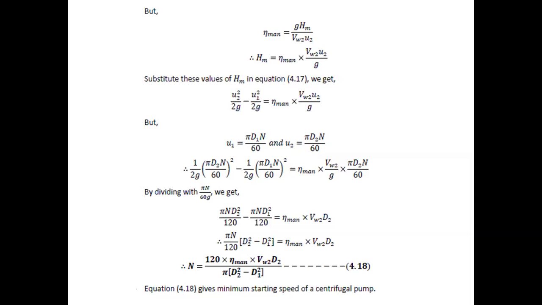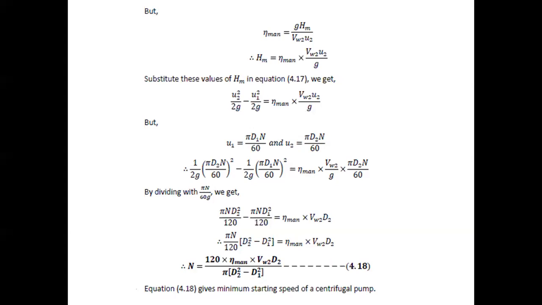U1 equals pi d1 N by 60 and U2 equals pi d2 N by 60. After rearranging and putting the values of U1 and U2, dividing by pi N by 60g, we get pi N d2 square upon 120 minus pi N d1 square upon 120 equals manometric efficiency into Vw2 d2.